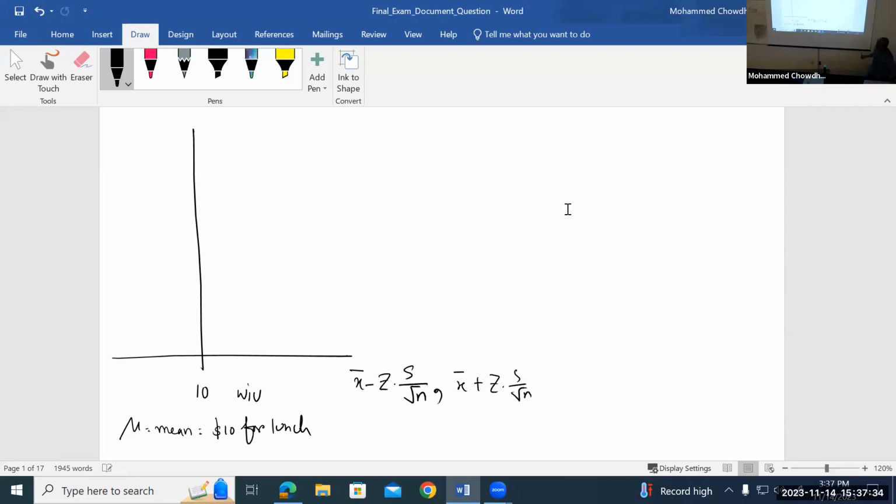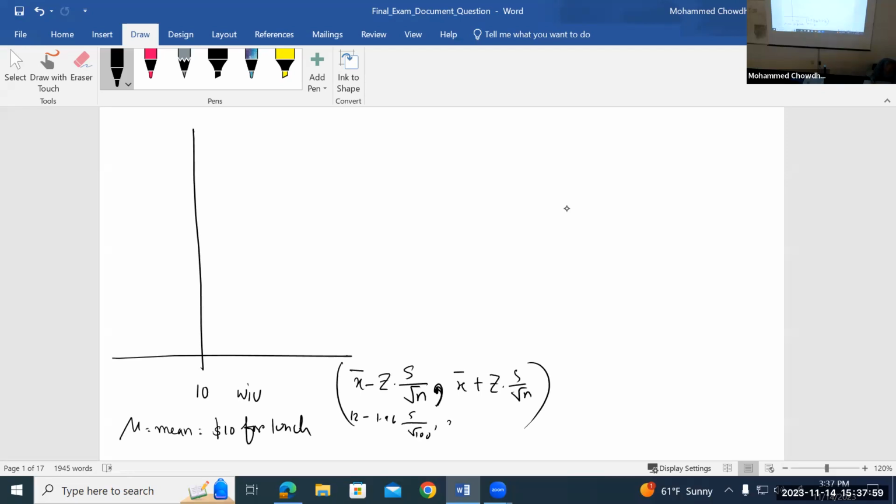So one time she computed the lower value and another time the upper value, with a comma in between, which is the comma we use. She computed this by plugging in x bar equal to, suppose, $12, z equal to 1.96, s equal to 5, and n equal to 100.